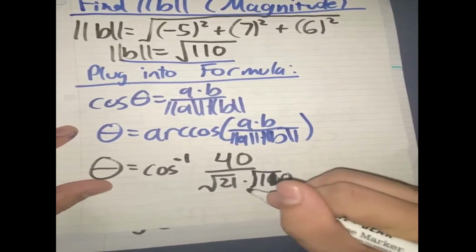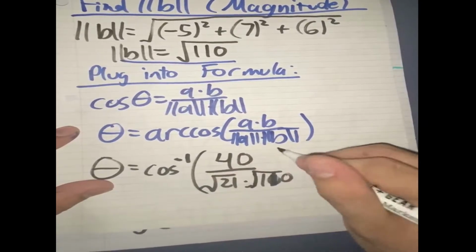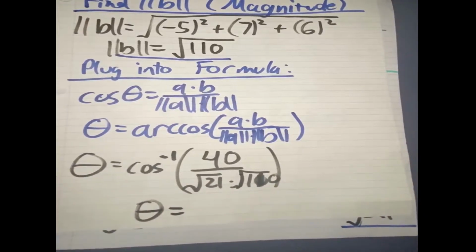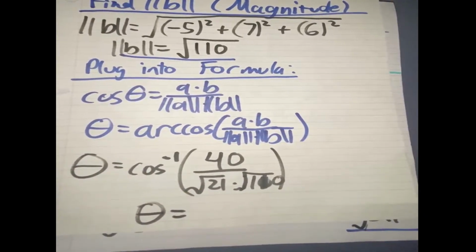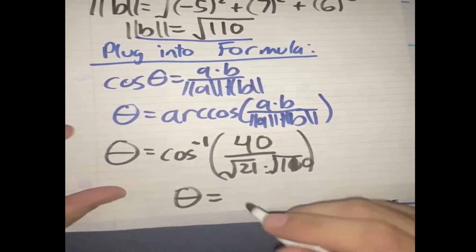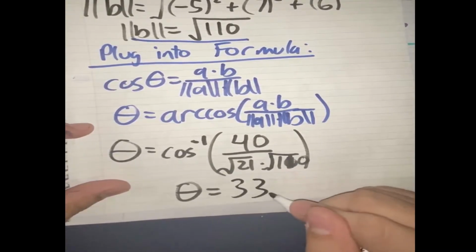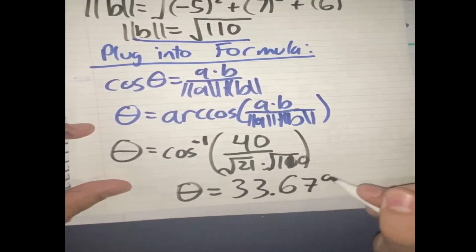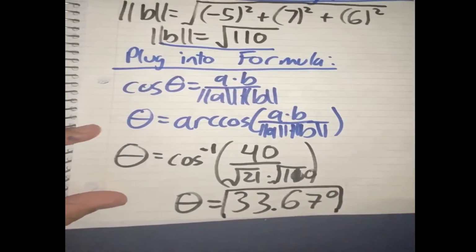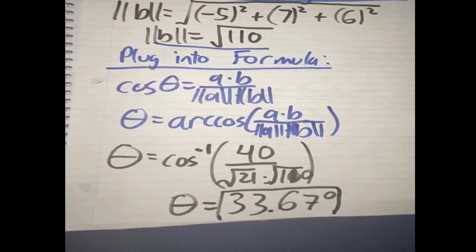And then you plug this into your calculator, and you get the angle between two vectors. In this case, the answer should come out to be 33.67 degrees. And that is how you find the angle between two vectors.